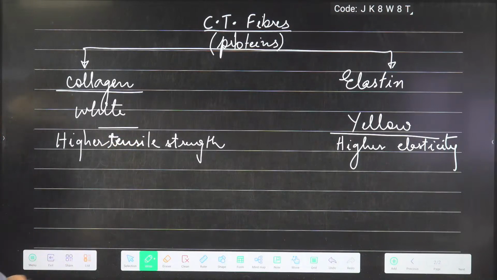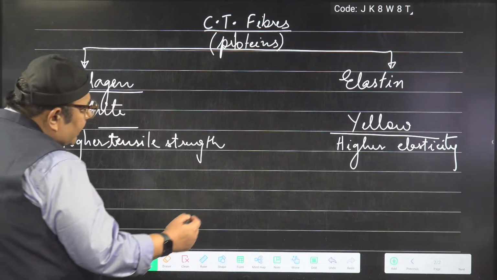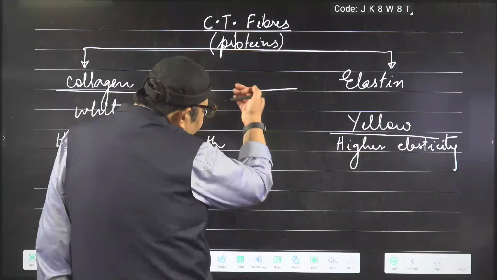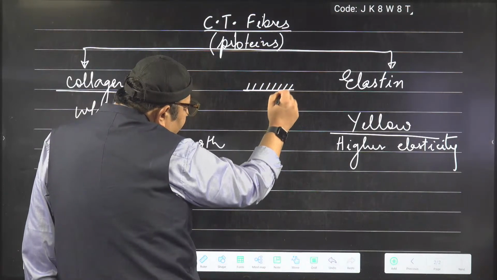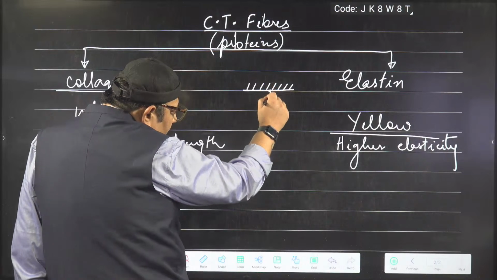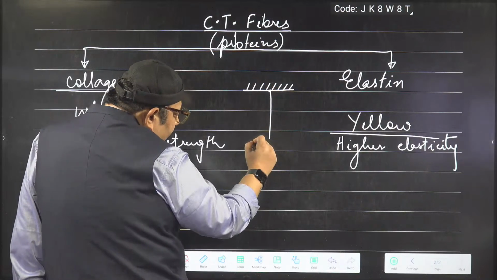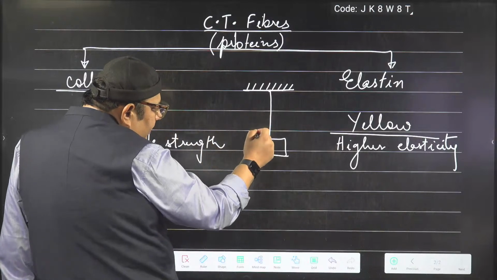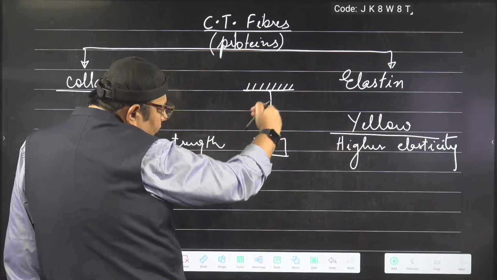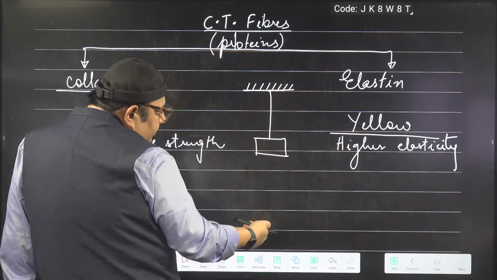Tensile strength means how much tension any fiber can bear. For example, if I connect the collagen fiber and tie some weight, collagen fiber can withstand some weight. Beyond that, collagen breaks.